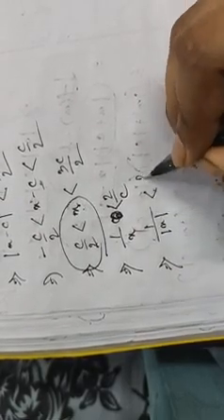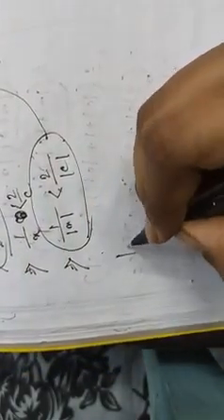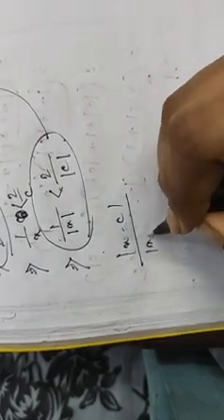Now 1 by |x| must be less than 2 by |c|, right? Now we are using this inequality over there. From there we can write |x minus c| by |x||c|, that was the first one.